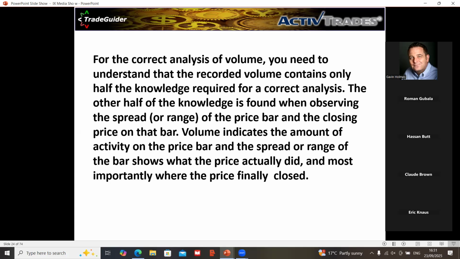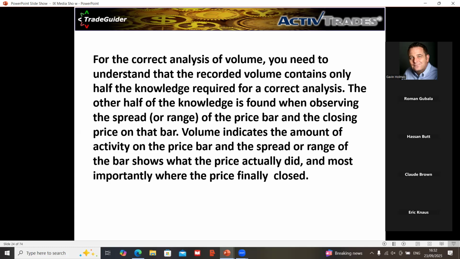But, and here is the but, for the correct analysis of volume, you need to understand that recorded volume contains only half the knowledge required for a correct analysis. The other half of the knowledge is found when observing the spread, or range, as it's called in the US, of the price bar and the closing price on that bar. Volume indicates the amount of activity, that's the word, on the price bar.